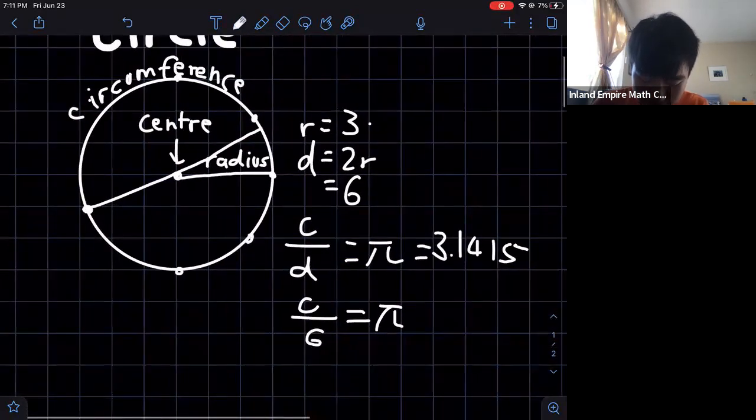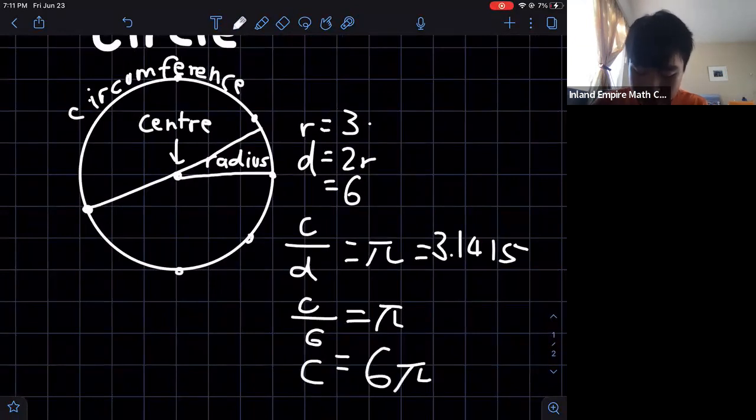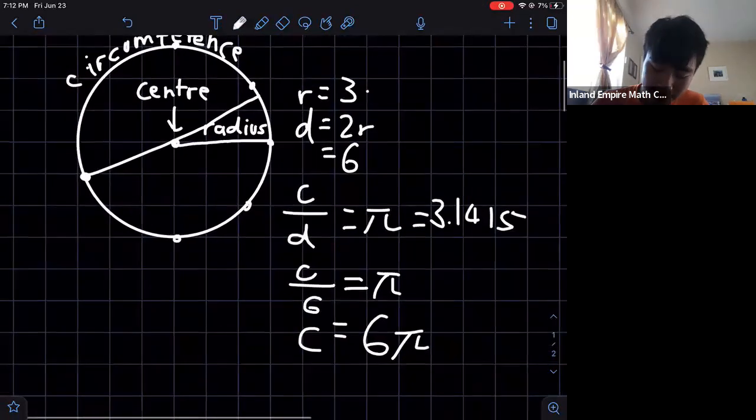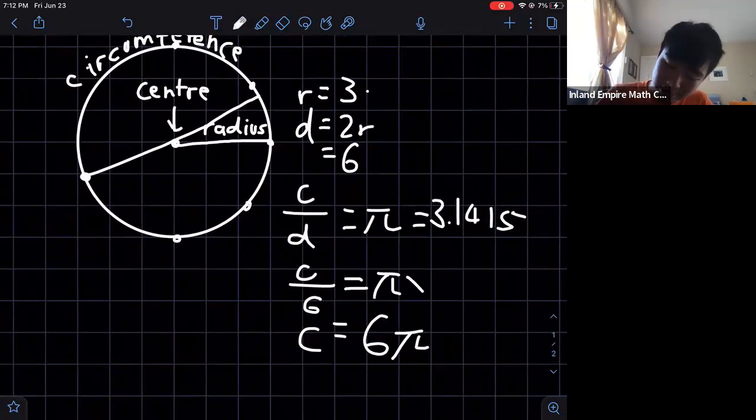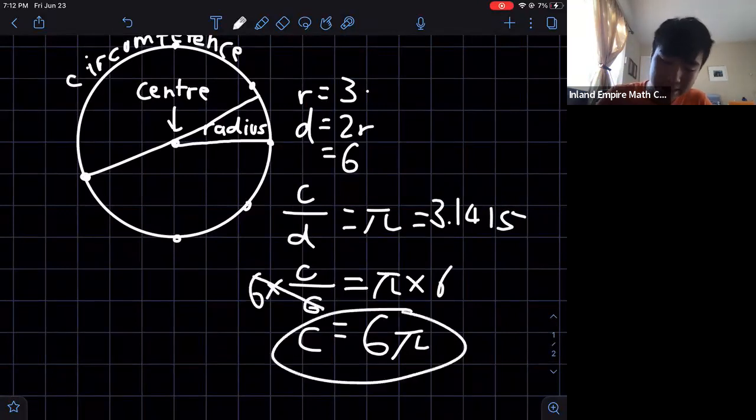And what that means is that the circumference will equal 6 pi, right? Because if we solve an equation like this, c over 6 equals pi, and if we multiply both sides by 6, then this will cancel out, and we would just be left with 6 pi.